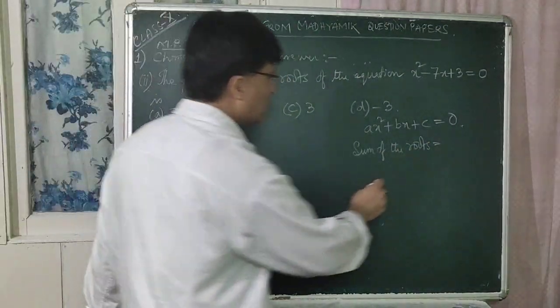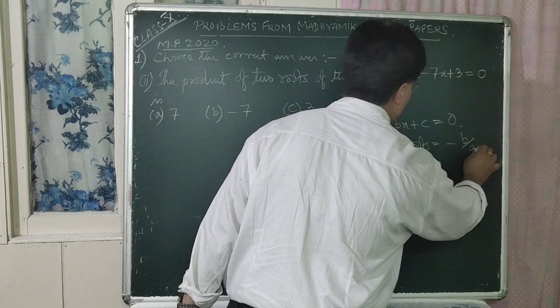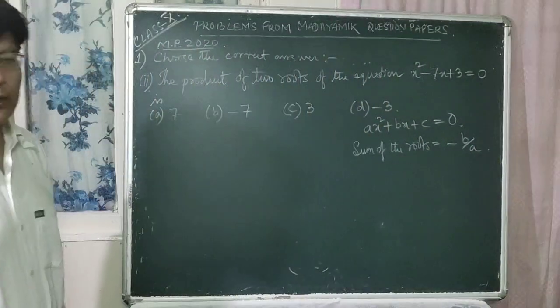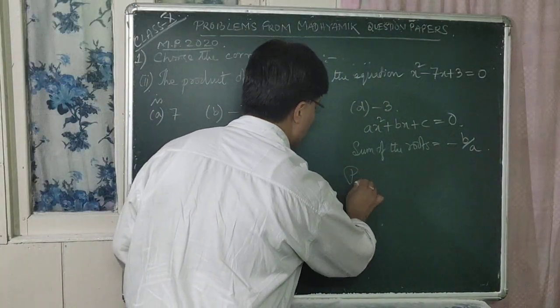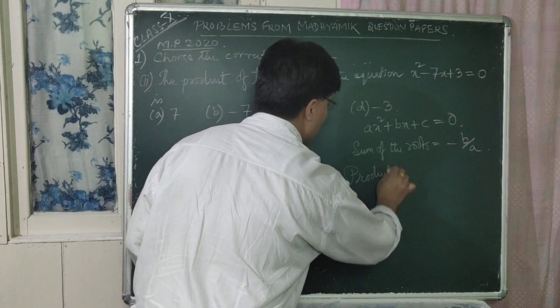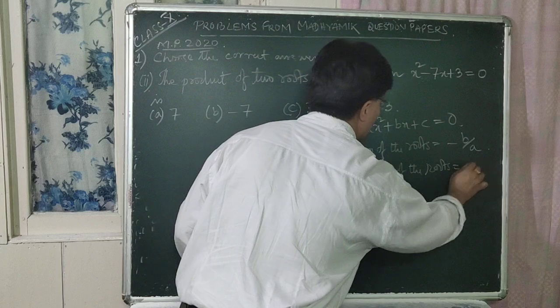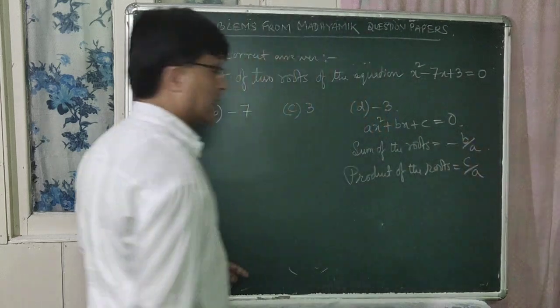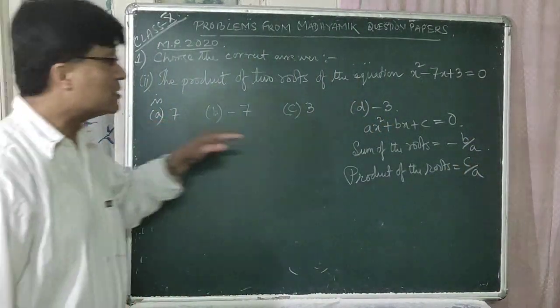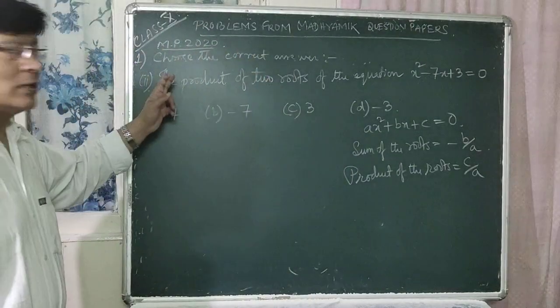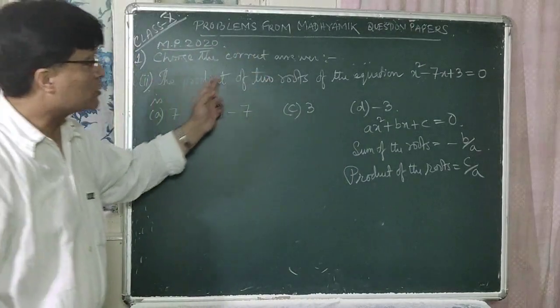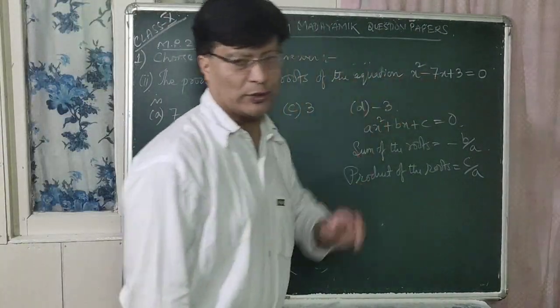Yes, it is minus b by a. And what is the product of the roots? It is equal to c by a. So let us use this formula to get the product of the two roots of the given equation.